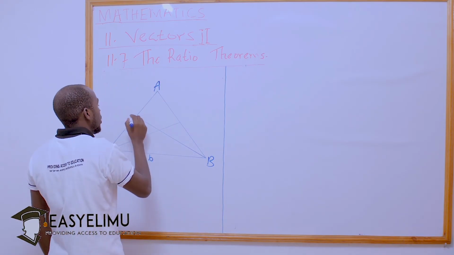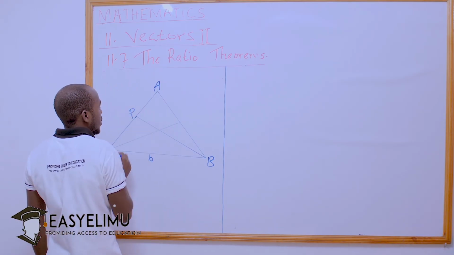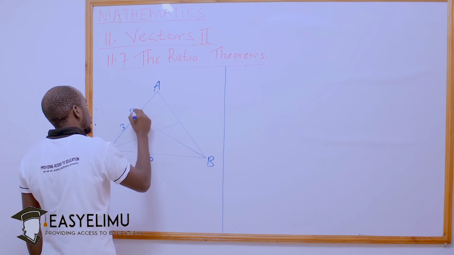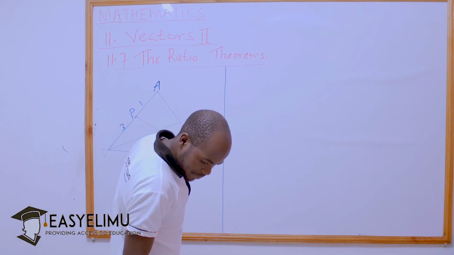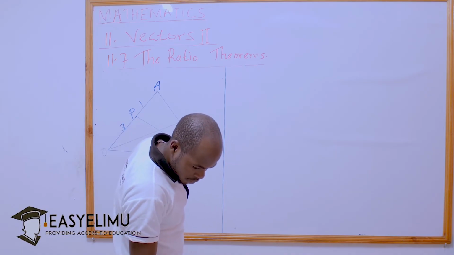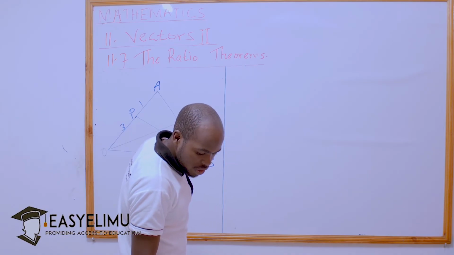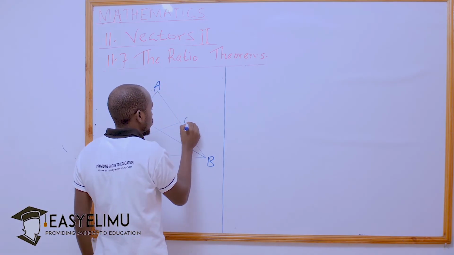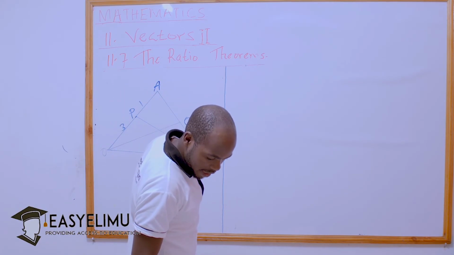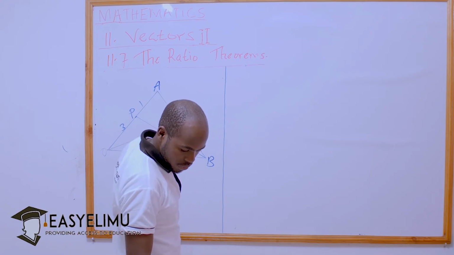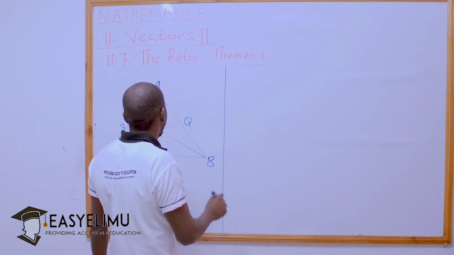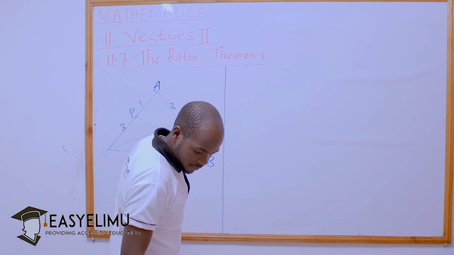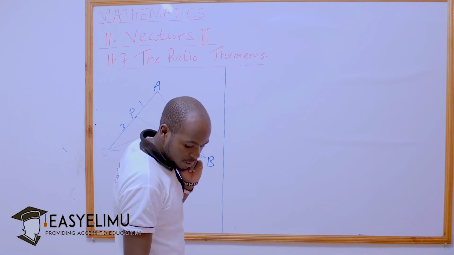So this is point P here, and if you join to B, you will get that. Another point Q divides AB, so this one is Q, and divides that line AB in the ratio 2:5. That is, here is 2, here will be 5, 2:5. So that is how a division takes place.